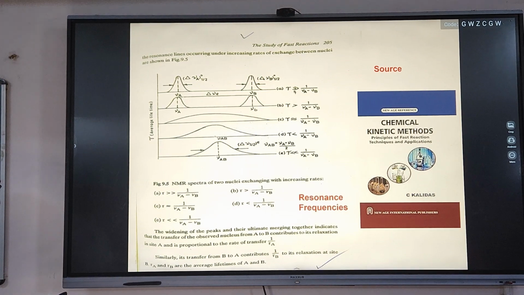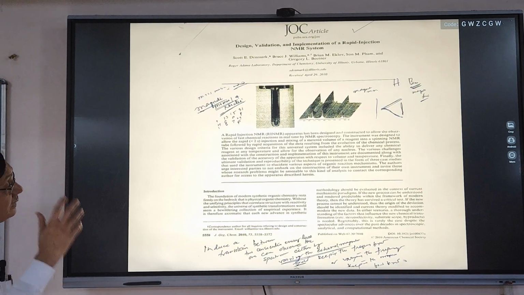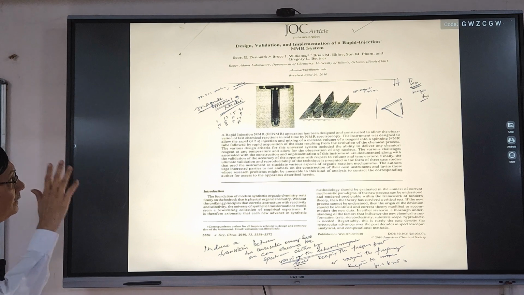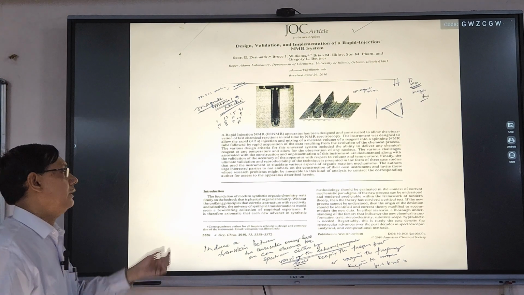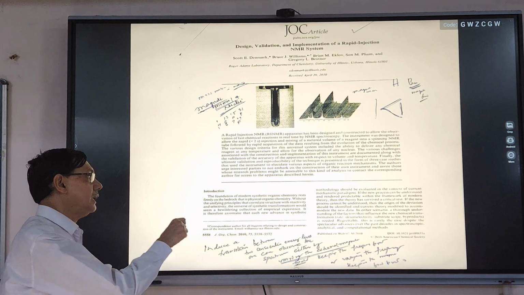But if the reaction is very fast, rate constant is 10 to the power 9 like that, or even the lifetime is less than 2 seconds, then of course you have to design your NMR machine according to that reaction.